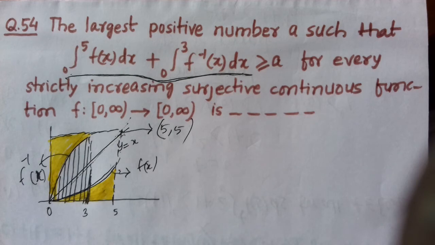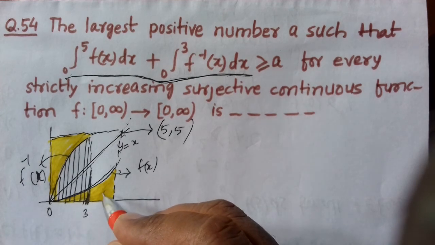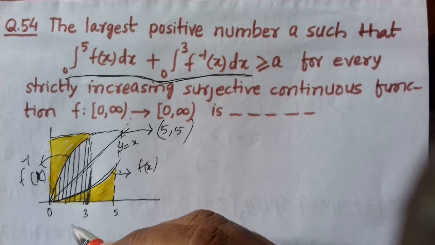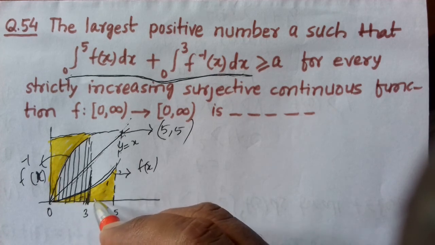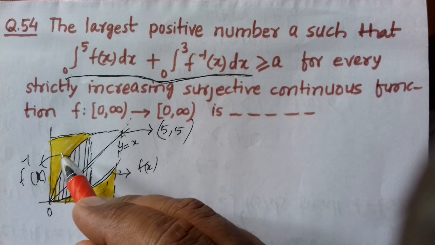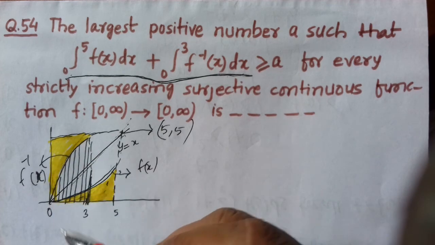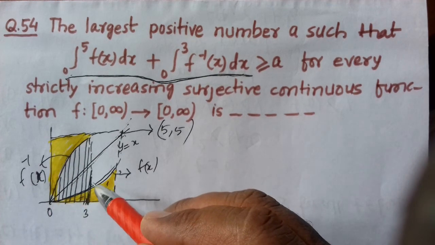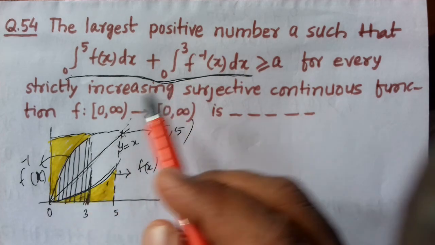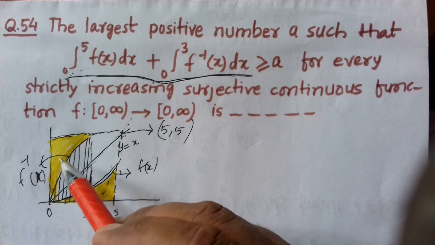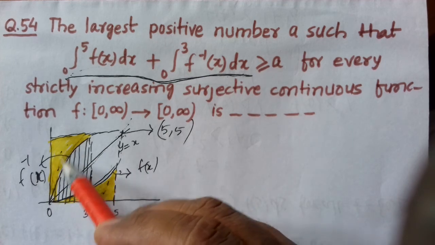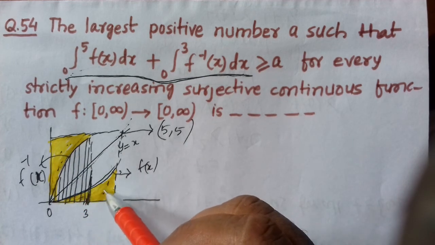These two yellow areas are equal, so we can replace this yellow area with this one. Now you can see that the first area 0 to 5 is the same in magnitude as this area.